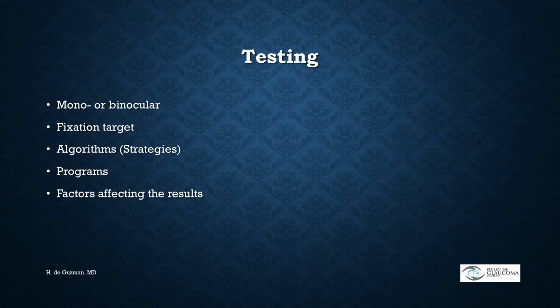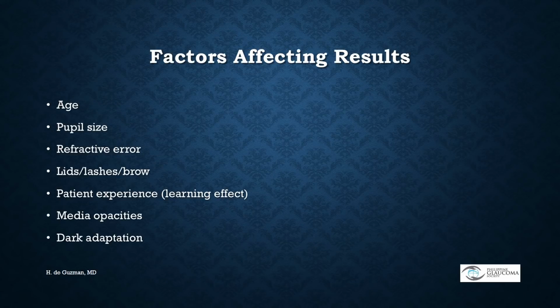When testing perimetry, there are certain extraneous factors that can affect results. These include the patient's age, where sensitivity naturally decreases with age. Pupil size can affect the results.